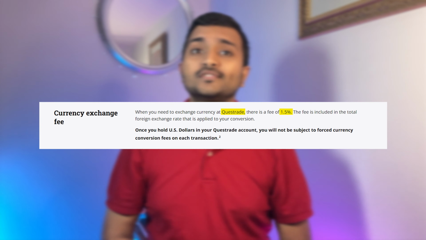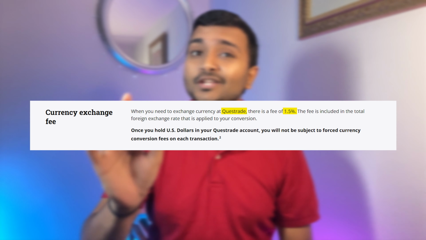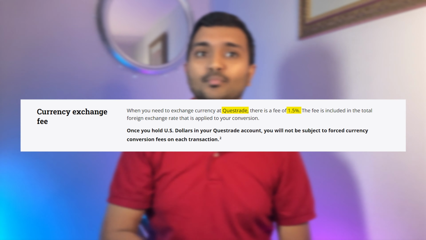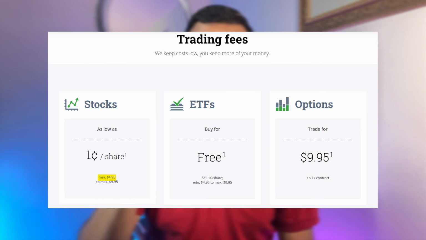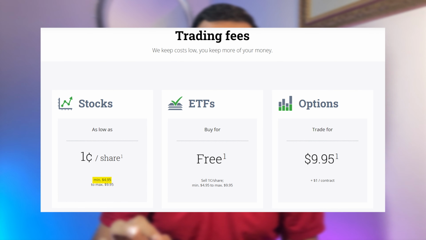Now, if you are using Questrade, then again you will have to pay the same 1.5% exchange fees unless you use the Norbert's Gambit. But that strategy only makes sense for the larger amounts, and it takes time to convert your money. On top of that, it will charge a minimum of $4.95 to buy the stocks, and these fees can negatively impact your profits in the long run.